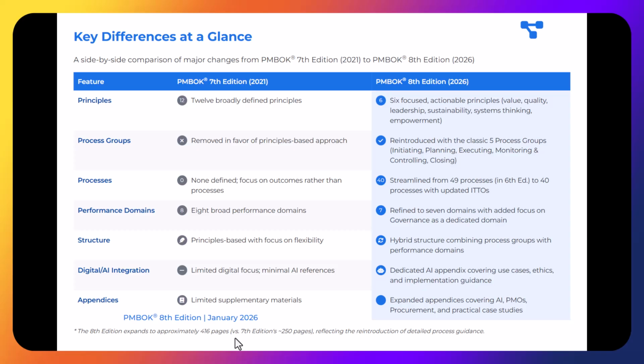The process groups were removed prior and put into another guide, which I'll show you, and then put in a principles-based approach. Now we're coming back with the classic 5 process groups, which are listed as initiating, planning, executing, monitoring and control, and closing.